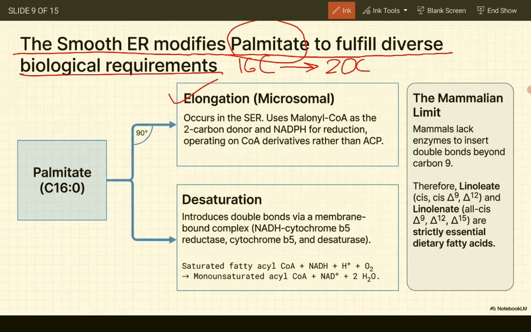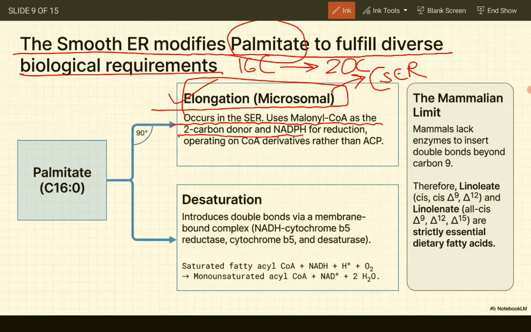Their production cannot occur in the cytosol, so the elongation now occurs in microsomes, or smooth endoplasmic reticulum. Microsomes are small pockets made in the smooth endoplasmic reticulum. Elongation uses malonyl CoA as the 2-carbon donor and NADPH for reduction, operating on CoA derivatives rather than ACP.